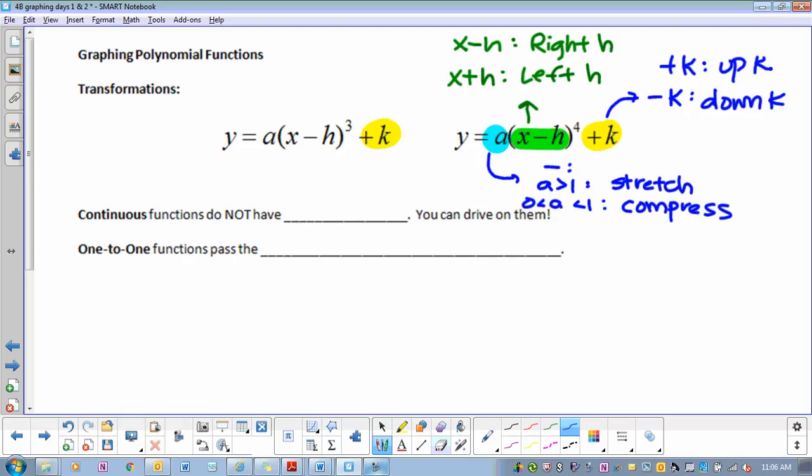Okay, but how does that make the graph look? Like if you had an absolute value and you put a negative, it flips, good. The technical word is reflects, but I'm going to put flips. And it doesn't matter what exponent is there, these rules still apply to everything.